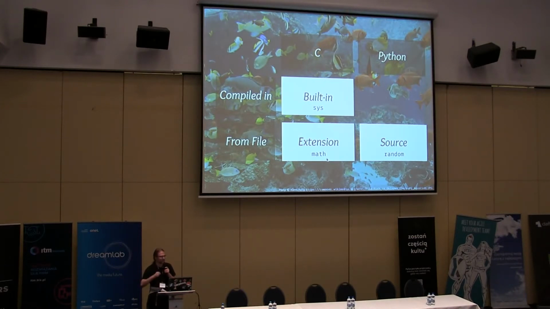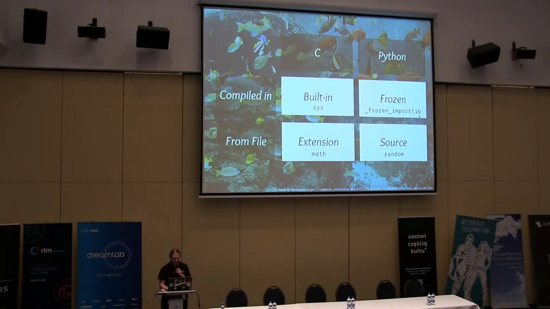So it gets pulled from an external file, but it's actually written in C. And you can have frozen modules, which are written in Python, and the bytecode is inserted into the Python binary. There aren't too many like this, but if you're compiling Python for embedded systems, for example, you can just compile your Python modules in. And also importlib itself is frozen because you need importlib to open external files, so you import importlib inside Python itself.